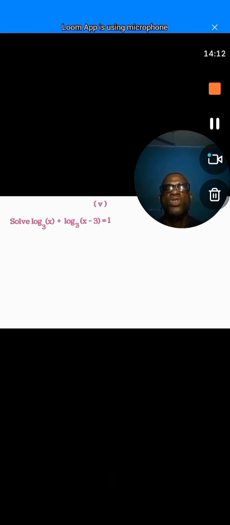The same question we are asking is: what is the value of x when the base is raised to 1? That is the interpretation of it.